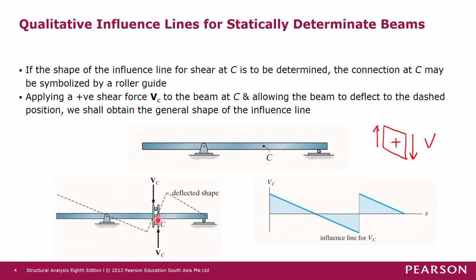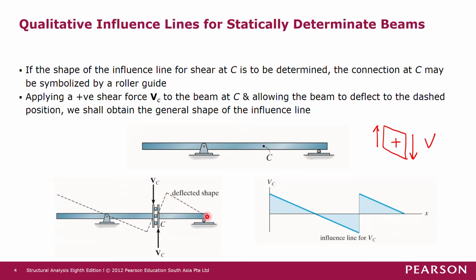And then if you look at this bar here, when you apply the shear force Vc, and this point is a roller, this roller cannot displace in the vertical direction, so it can only rotate. So when this bar is acted upon by this force here, it will rotate like this in this deflected shape form.